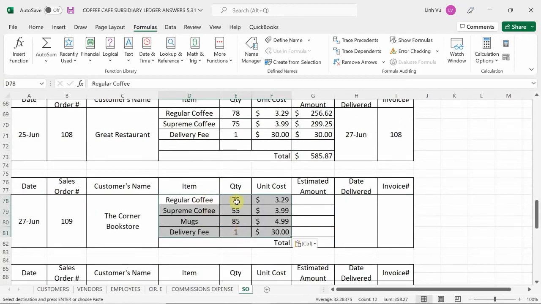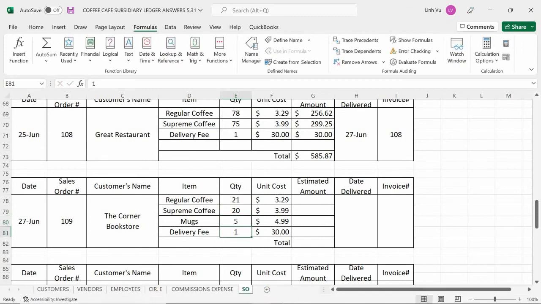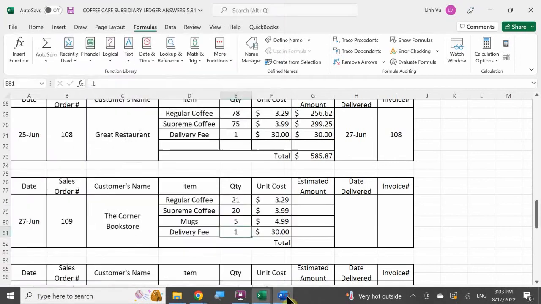They would like 21 pounds of regular, 20 of Supreme, and I believe it said 5 mugs. 8 mugs.